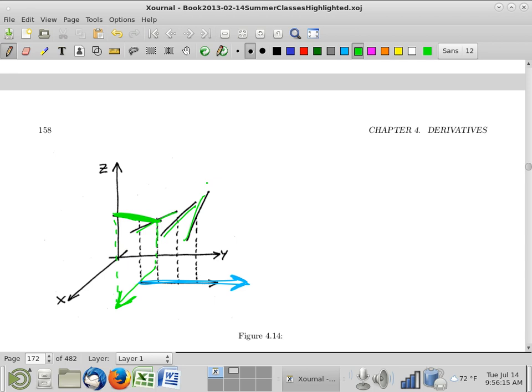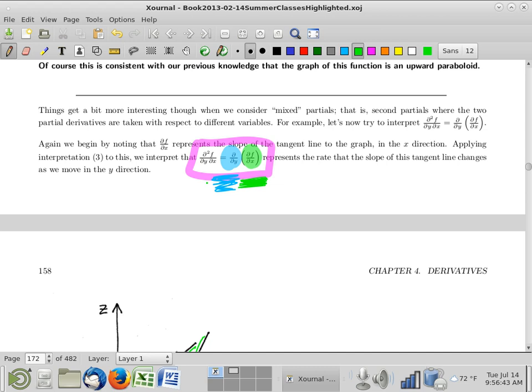Saddle point kind of a deal. Anyway, it's a sort of a twisting of the surface, and it's a weird thing. You'll notice that it's not something that can be thought of exclusively in a single cross-section. This is not something that's happening just in that plane, or just in that plane. It's really a sort of a three-dimensional feature of the curvature of the surface. So that's what these mixed partials represent.